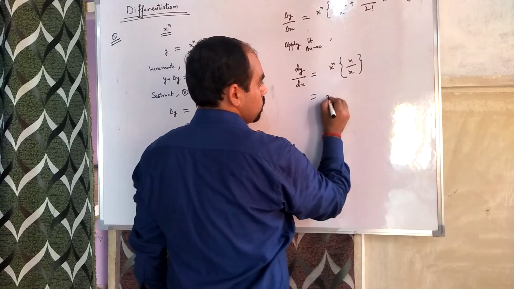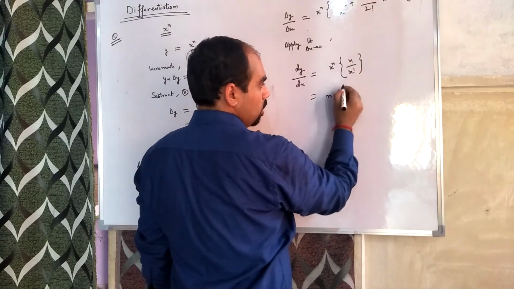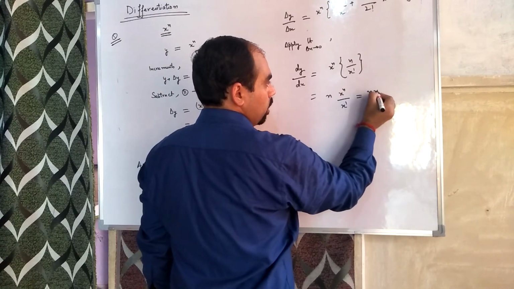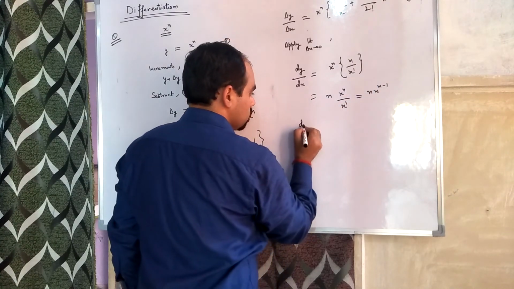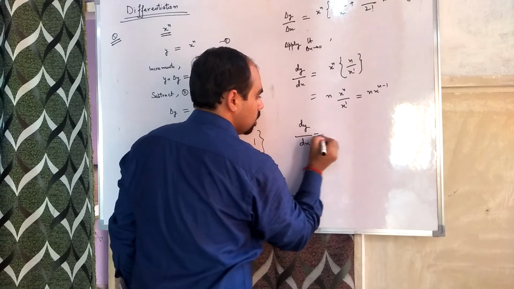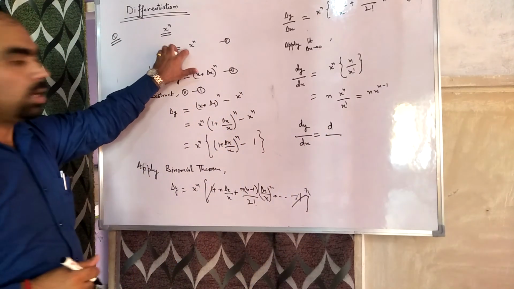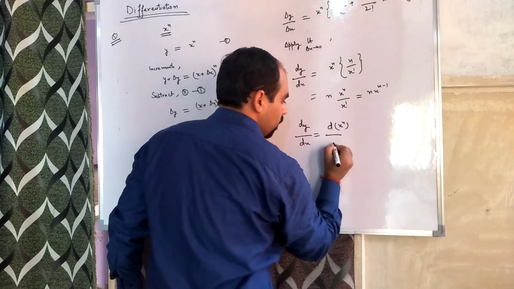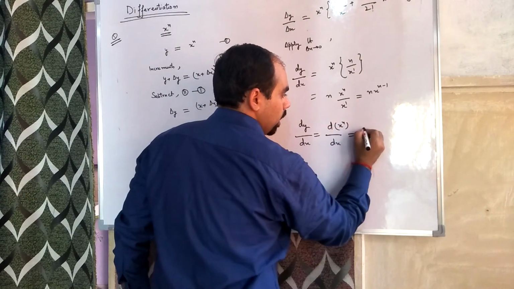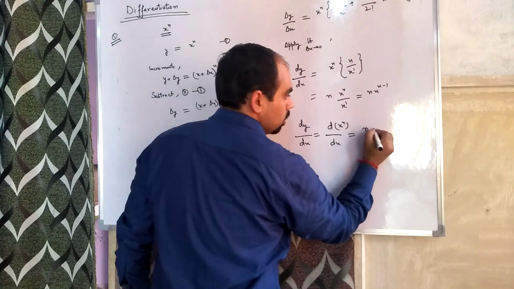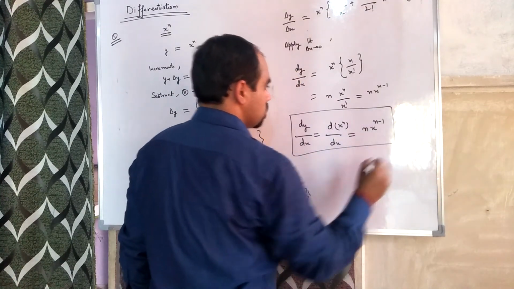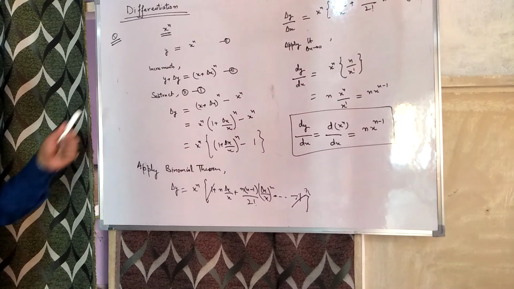So n, this power 1, x^n upon x, n x raised to n minus 1. So dy by dx, y क्या था? x raised to power n, upon dx. n जो पावर थी, x the variable used by 1. This is the differentiation of x raised to power n.